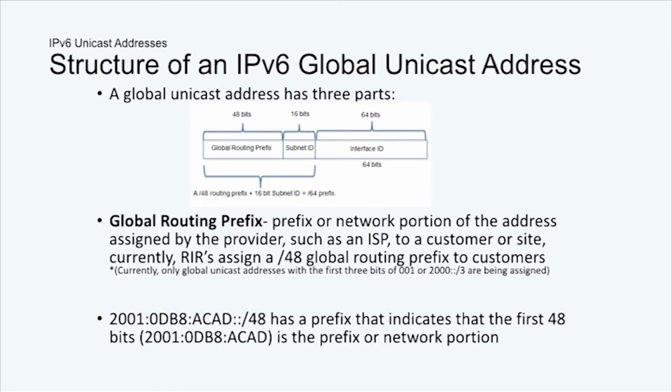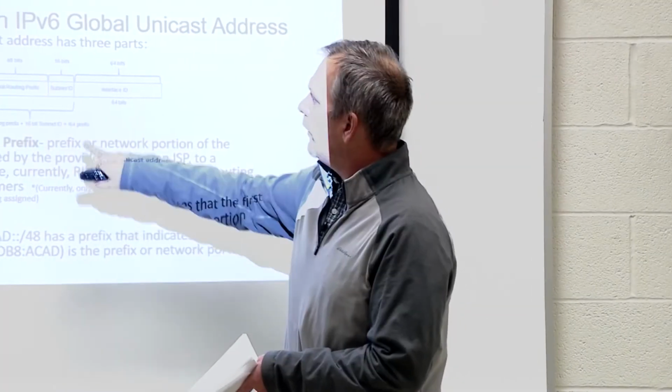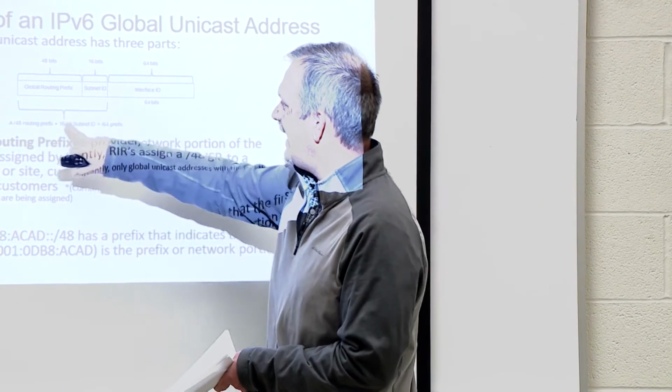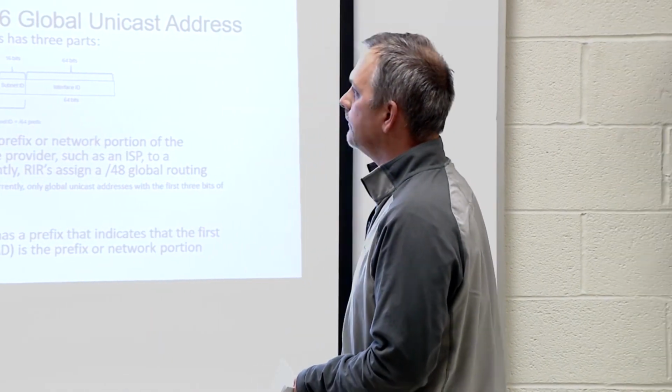So as we break down the structure of IPv6 global unicast addresses, you'll see that the prefix is actually made up of two subparts, the global routing prefix and the subnet ID.